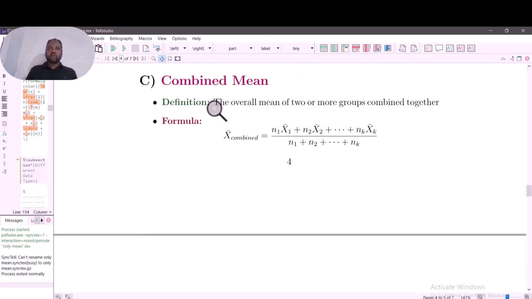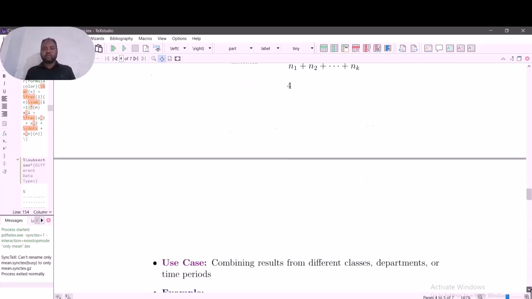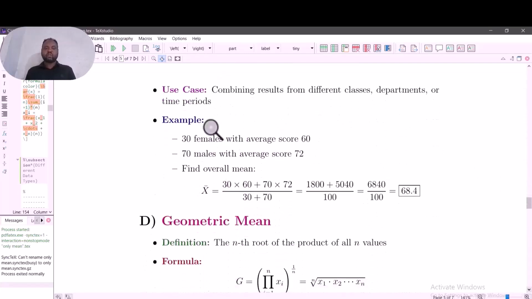The third one is the combined mean. Combined mean is nothing but the overall mean of 2 or more groups combined together. We do have the mean of 2 or more groups, right? What is of interest here is to obtain the mean of means. So we obtain it using this combined mean. When to use this combined mean?